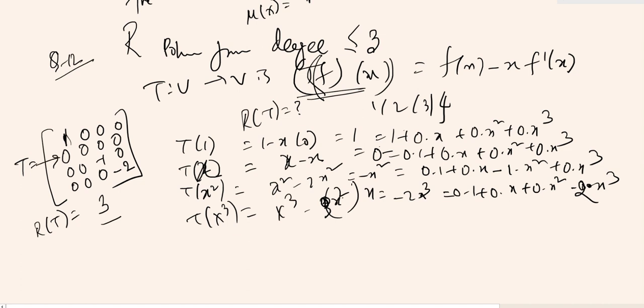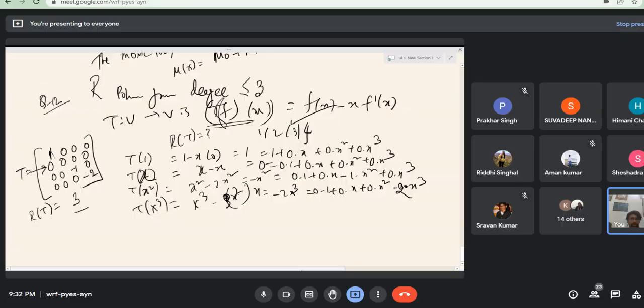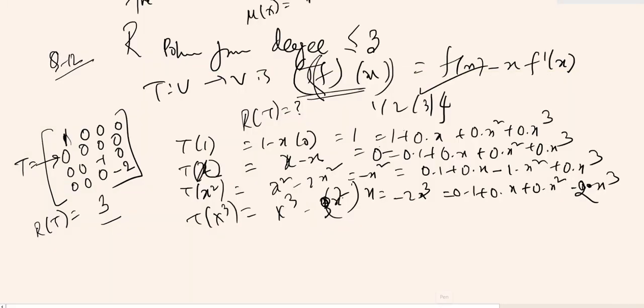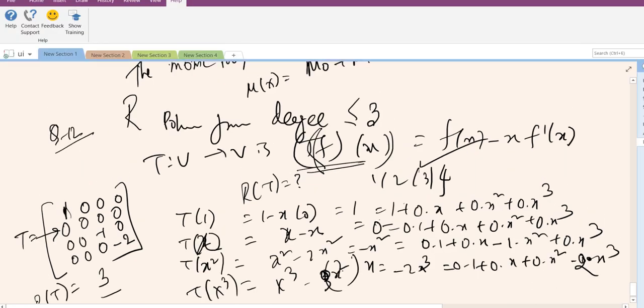Only one zero row, rest of them are non-zero. So obviously option number C is correct. Is there a problem in understanding this one? Okay, any questions to make the PDF of it? So I think the companion matrix played a very crucial role in that question. Need to keep the theory on for that.